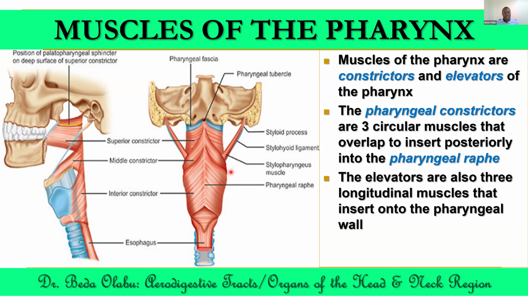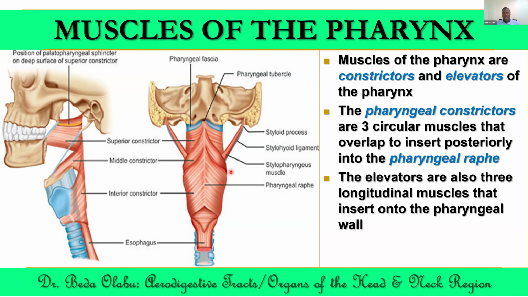But there's a rider to this. We know that smooth muscles are involuntary, while cardiac muscles are also involuntary, and that skeletal muscles are voluntary. That, however, is not the case for the pharyngeal skeletal musculature.